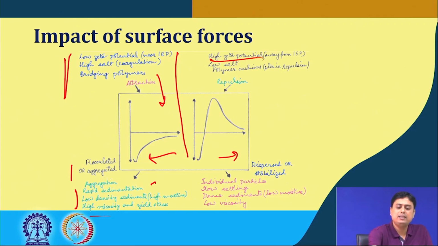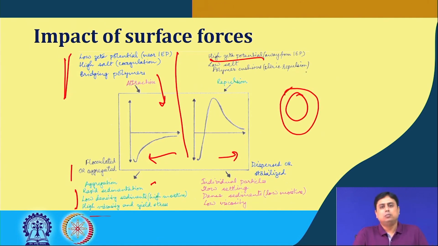In case of high zeta potential, that is away from the isoelectric point, with low salt concentration and polymer cushions, that means the whole surface is covered with polymer adsorbed on the surface, there is a steric repulsion. We have the repulsive forces between the particles, and that results in a dispersed or stabilized dispersion, where the particles can remain suspended forever.